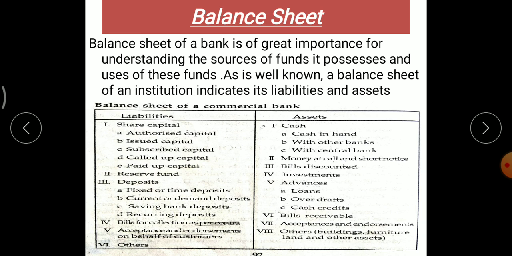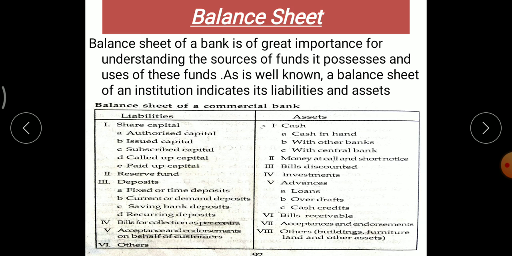A balance sheet has two sides. One is the liability side, the other is the asset side. Under the liabilities of a commercial bank are the items which are to be paid by the bank, either to shareholders or depositors.